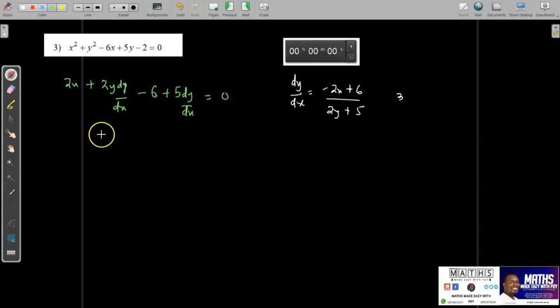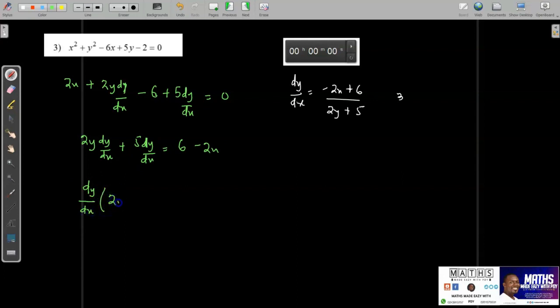Yes, sir. Then we group all the dy dx. So we have 2y dy dx plus 5 dy dx equal to 6. We transpose the other terms, 6 minus 2x. Then at this point, we factorize dy dx out.